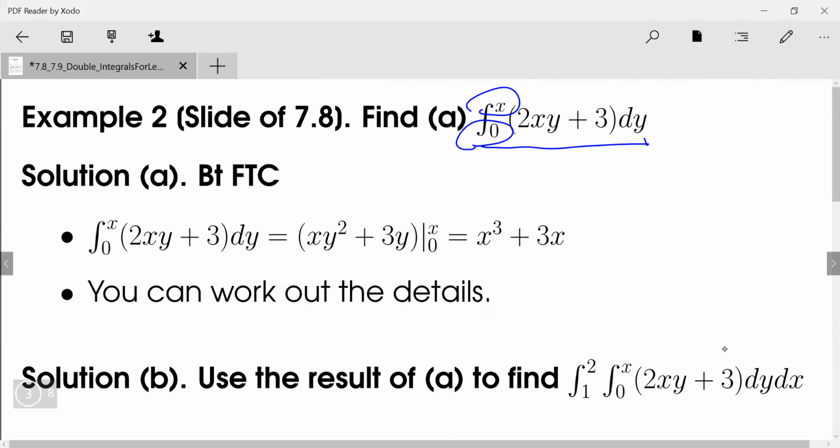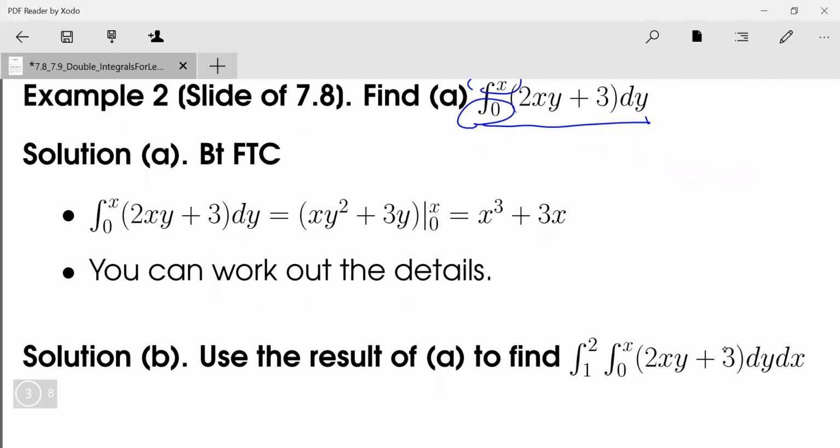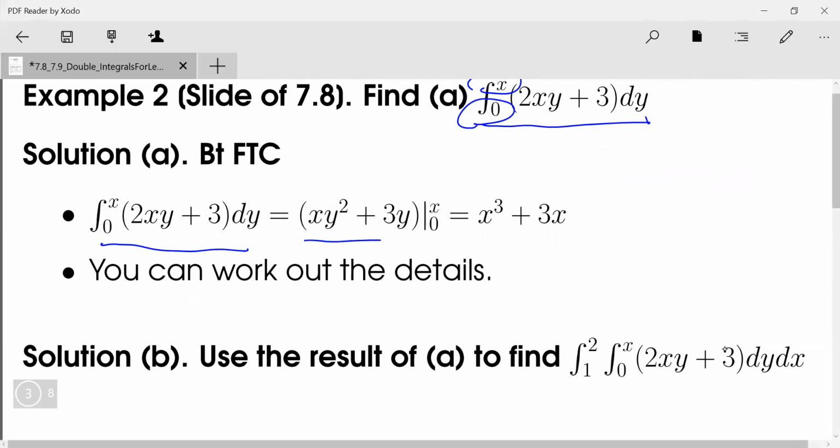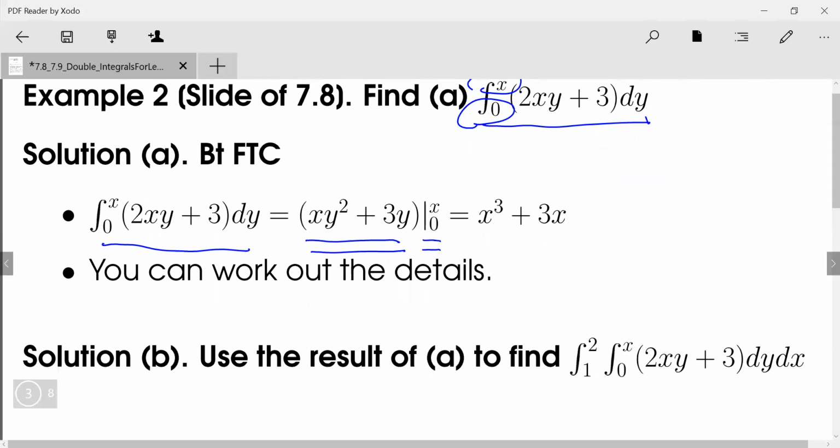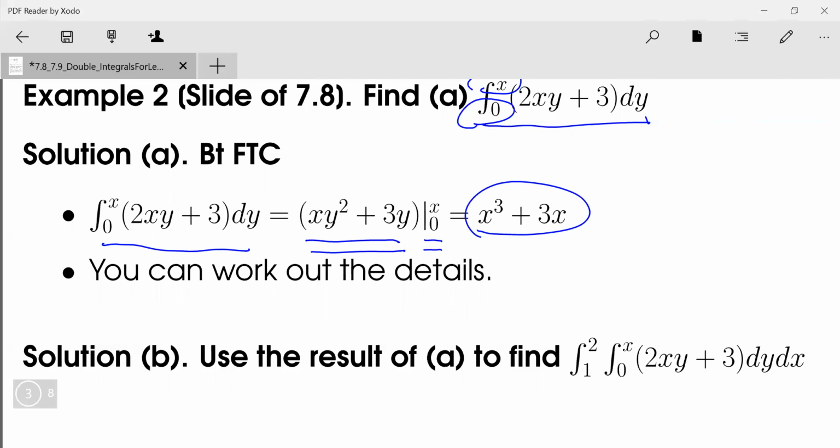This is similar to the previous example, 1b, so I will not go into detail here. Basically, we need to find the antiderivative of the integrand with respect to y and evaluate at y equal to x and y equal to 0. And this will be the answer. You can work out the details if you are not sure.